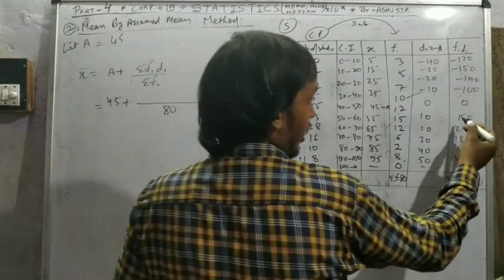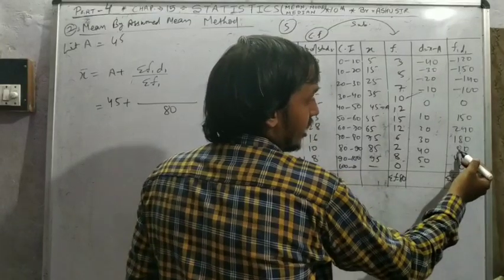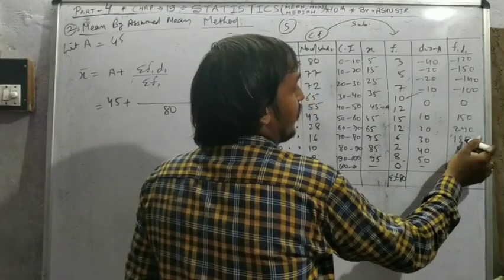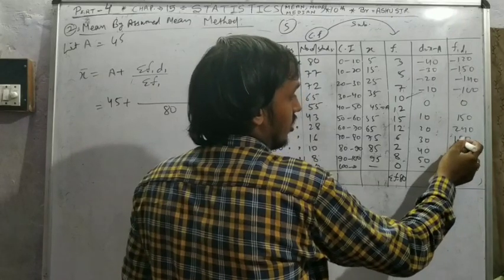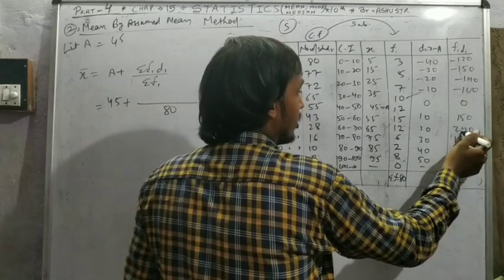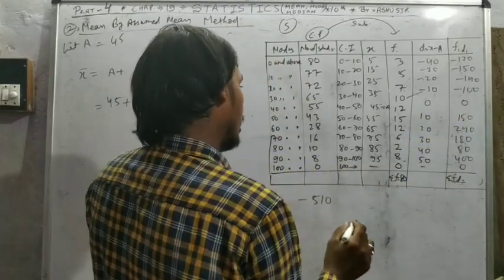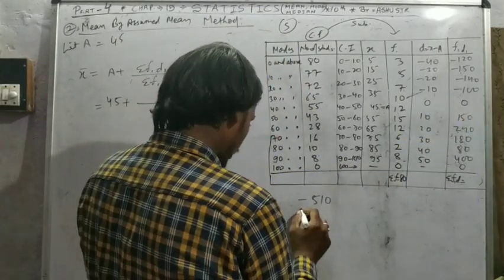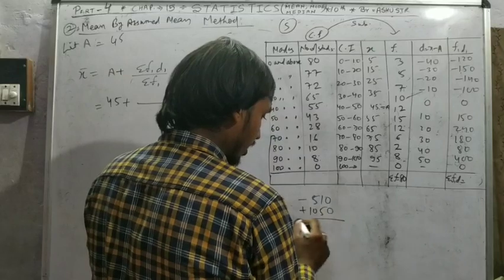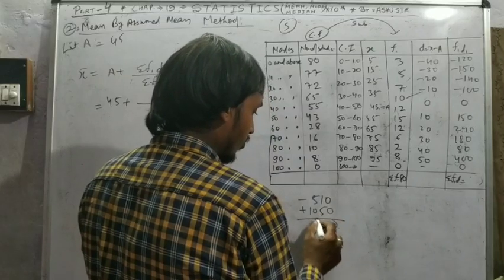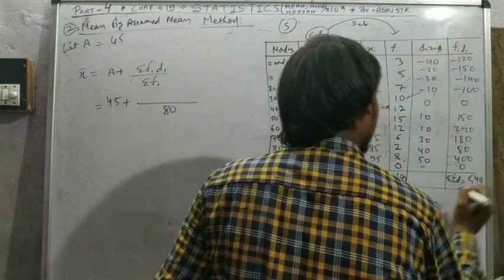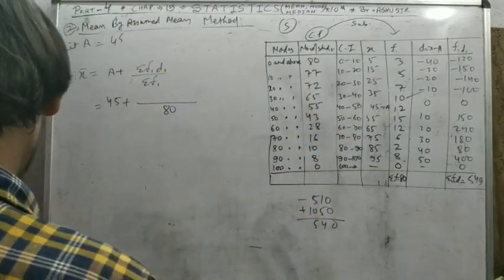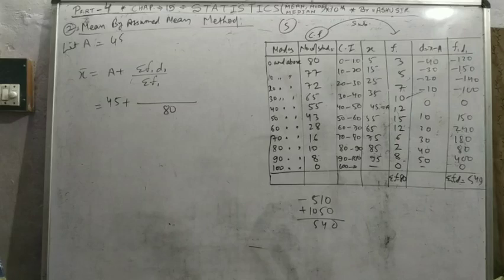Then here, 400, 480, 560, 660, 700, 800, 900, 1050, so plus 540.